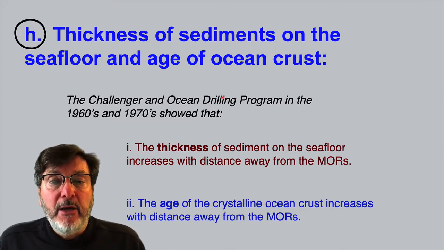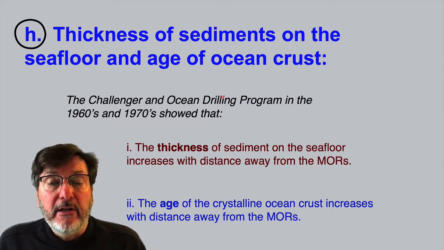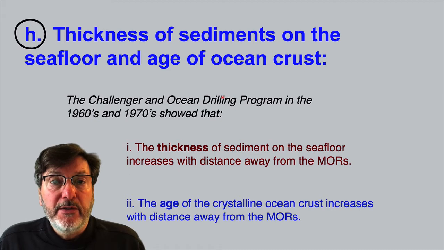The first thing that came out was the discovery that the sediment thickness on the ocean crust in the deep ocean was thin at the mid-ocean ridges, and it got thicker as you moved away from the ridges toward the continents.